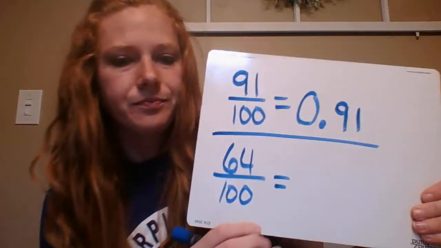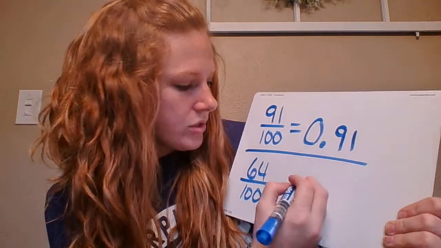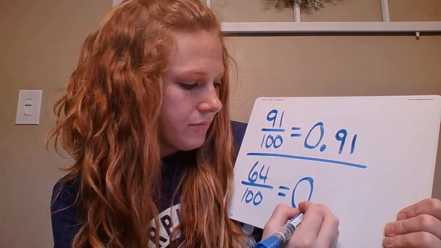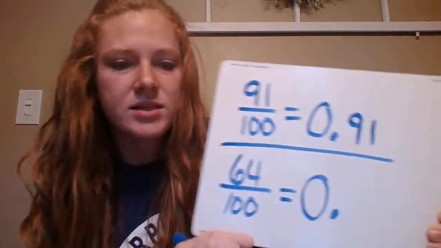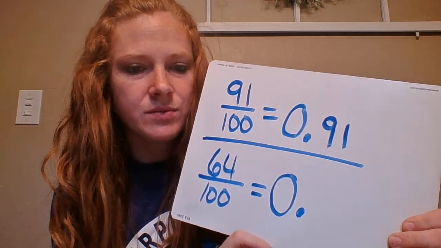Let's do another one, and I'll leave that one up just so you can see it. So let's do 64 hundredths. Once again, you can see I don't have a whole number, so you would have to put a 0 in my decimal to show that this is my whole numbers and this is going to be my decimals.